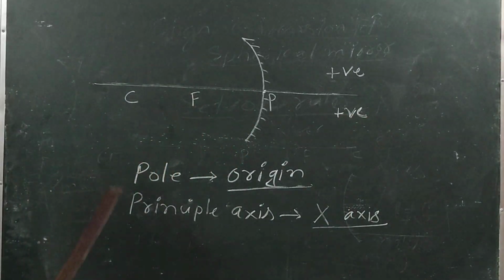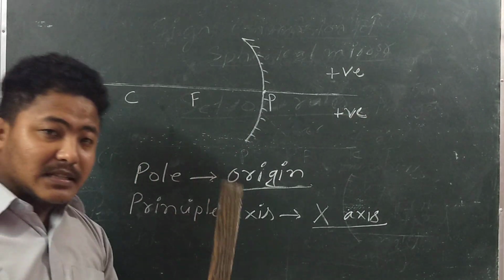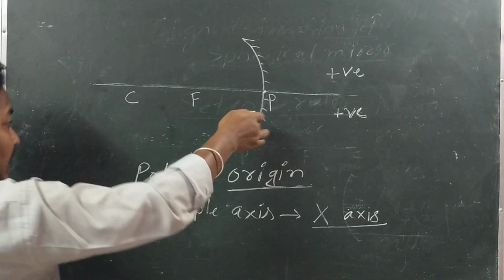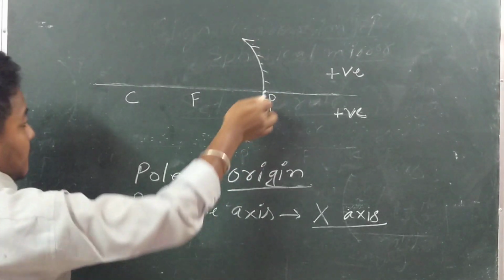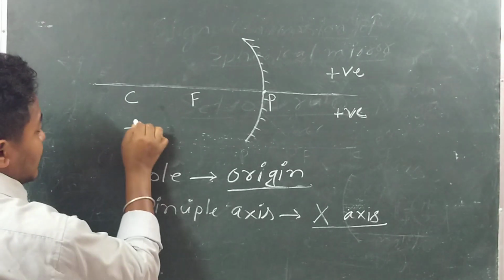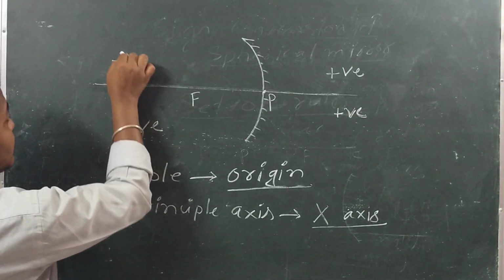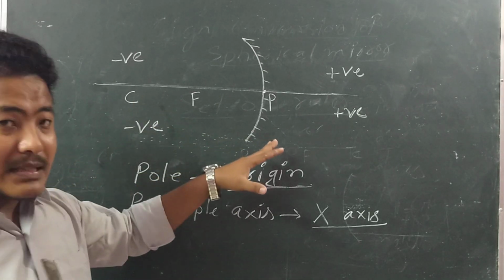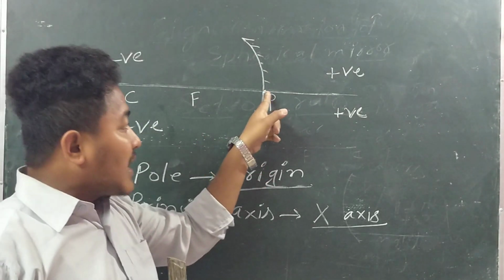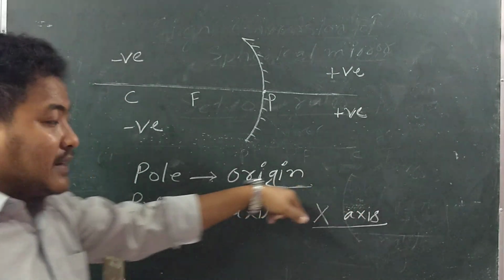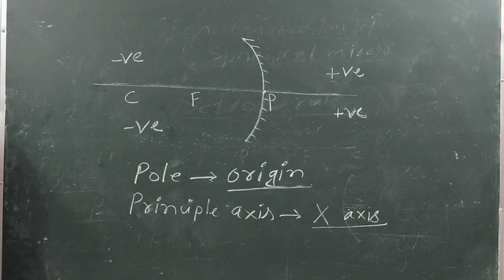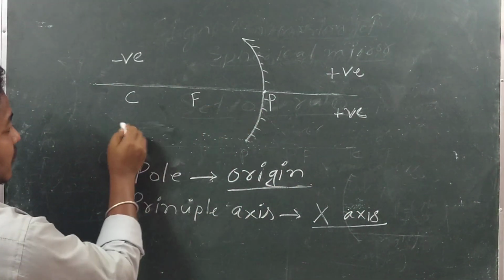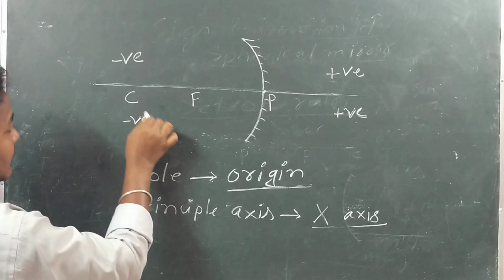Any distance measured left of the pole will be considered negative. Is that clear to all of you? Right side of the mirror is positive; left side of the mirror is negative.